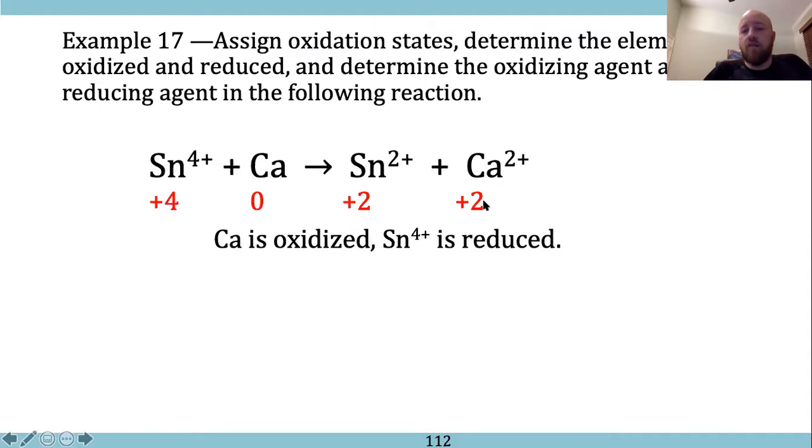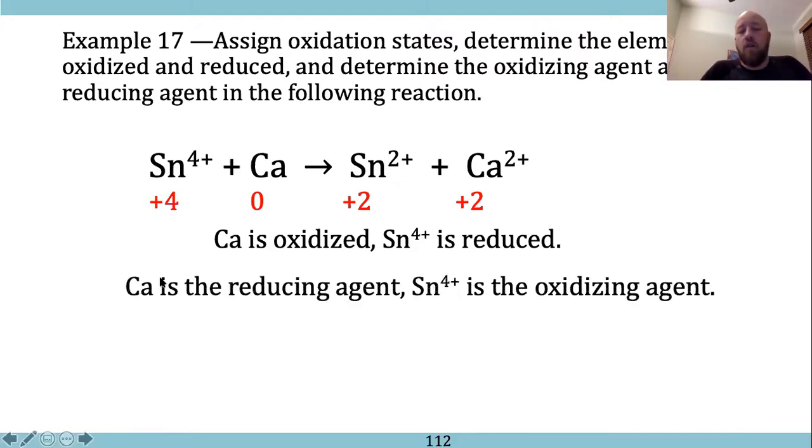Calcium is losing electrons and is being oxidized. Loss of electrons is oxidation. The tin here is gaining electrons and is undergoing reduction. Its charge is going down, so it's gaining negatives. So if calcium is being oxidized, it is causing reduction to occur. It is the reducing agent. The tin 4+ is the oxidizing agent. It is causing that process to occur in the other thing.